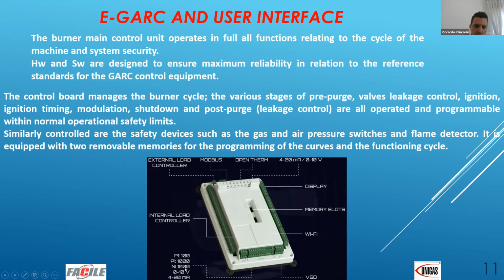We can use other probes. And very important, we can use an inverter, and this can save a lot of energy because, you know, if the fan can modulate the velocity, we can save a lot of energy, of course, and increase the modulation ratio.